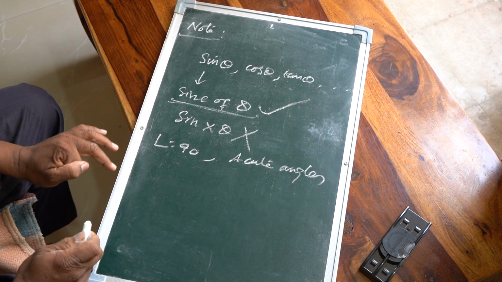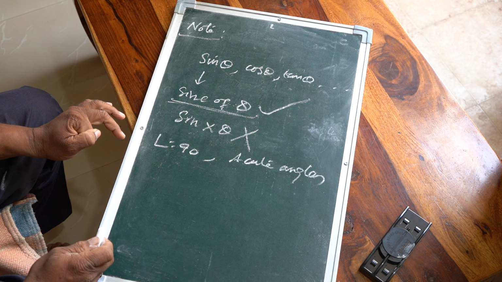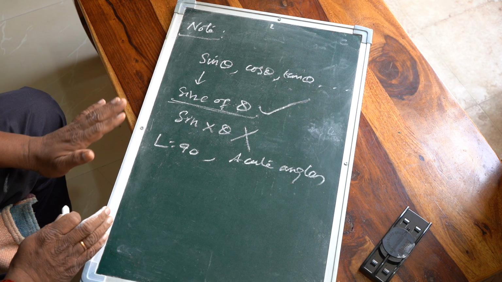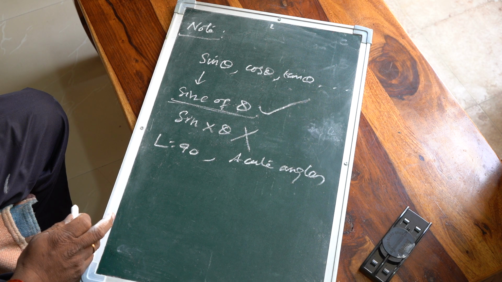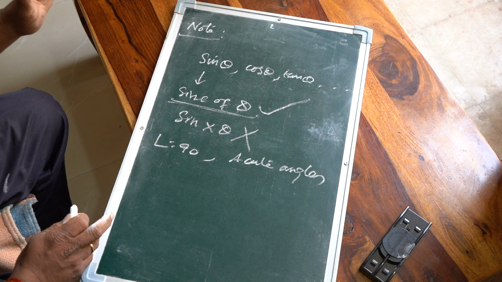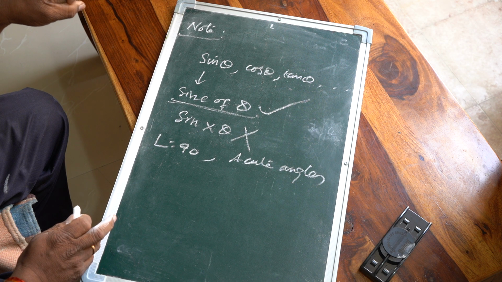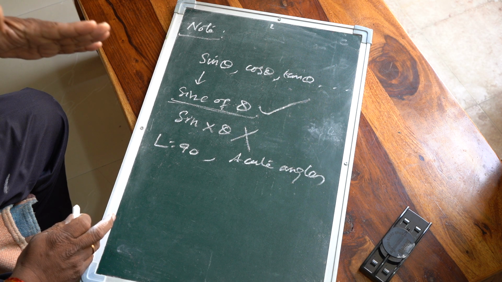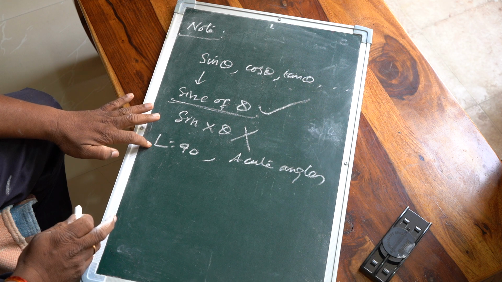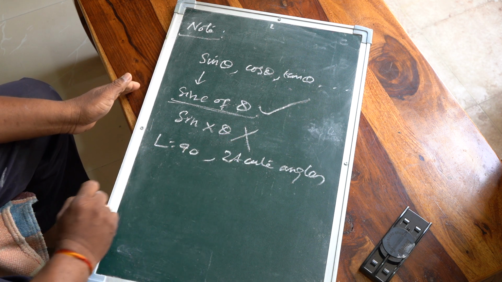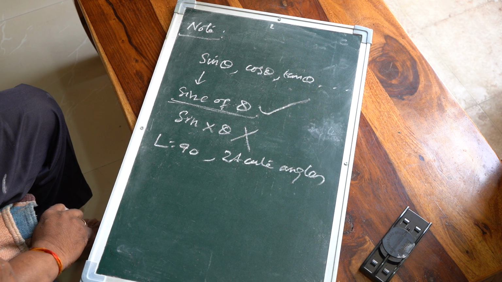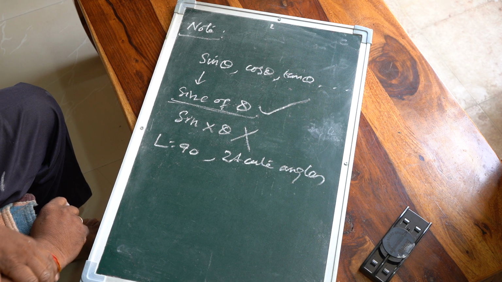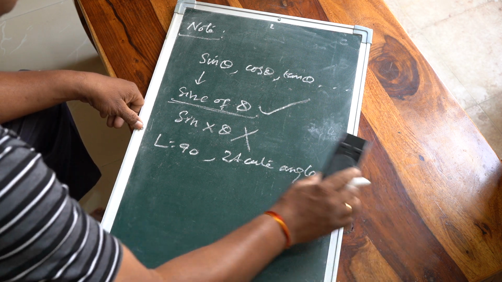So this is the first thing: sin of theta, cos theta is not a product, it is a sine value. And the second thing, one angle should be perpendicular and the other two angles are acute angles, that is, less than 90 degrees. Okay?